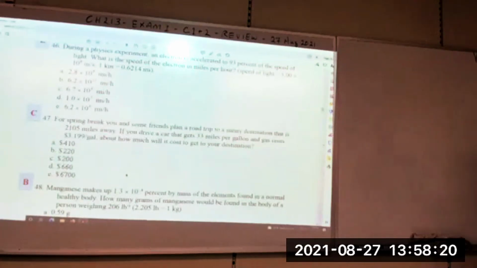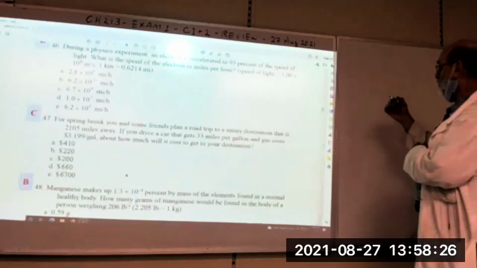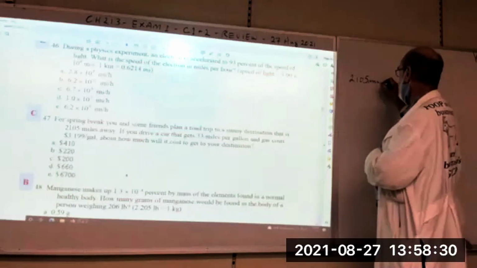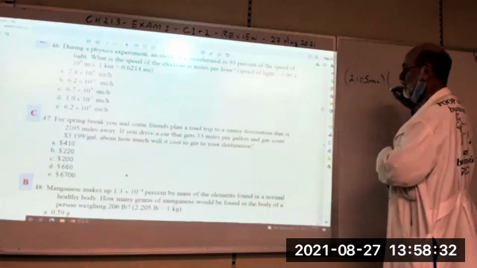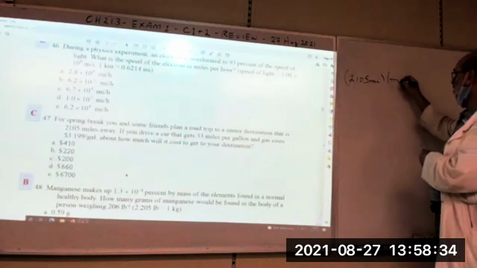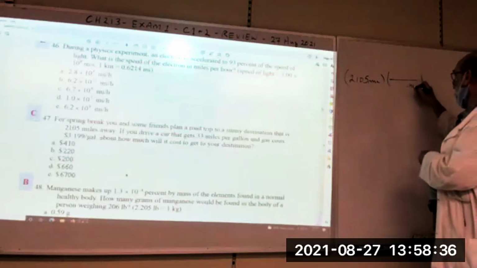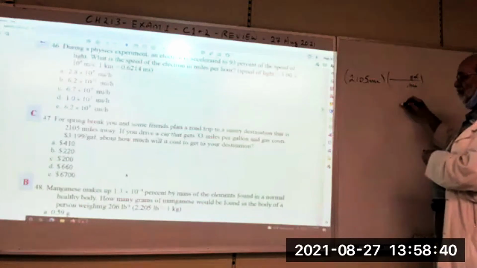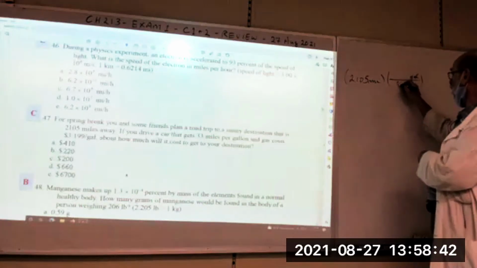Okay, so how would we work this one? Well, where do you start? You start with your distance, 2,105 miles. And then you convert it into dollars. So we need to convert miles into gallons of gas. Right, so that's 33 miles per gallon.